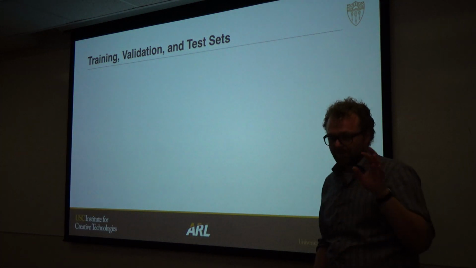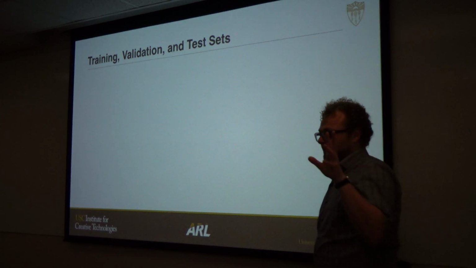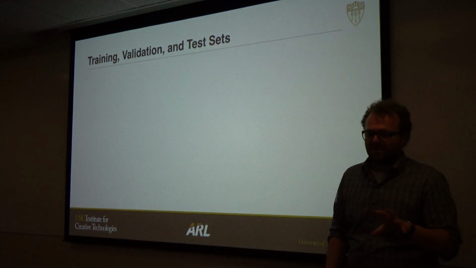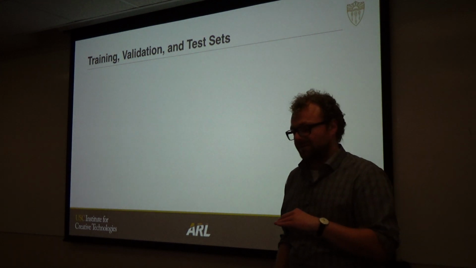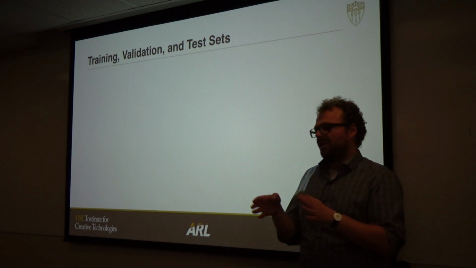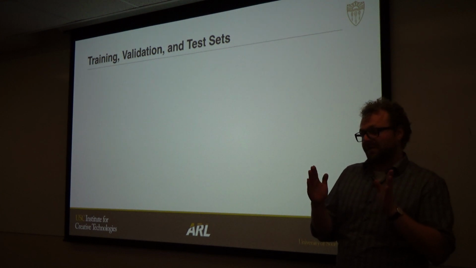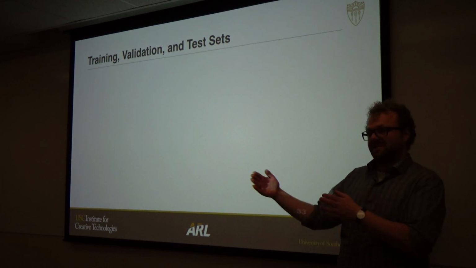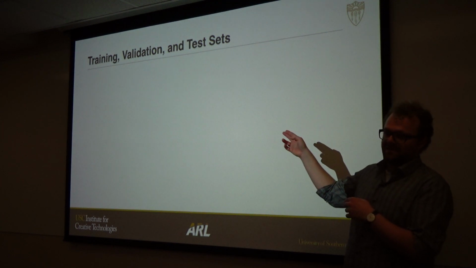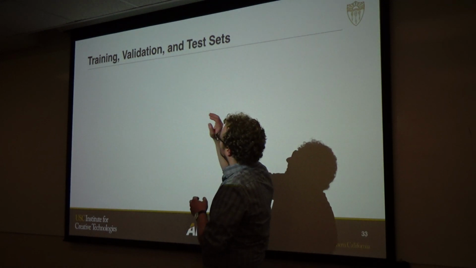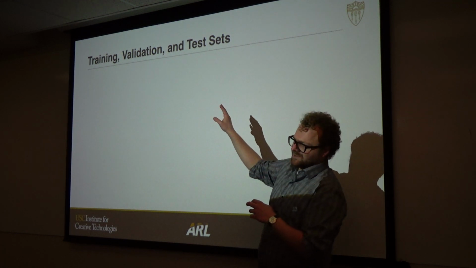In general, we can split it up into training, validation, and test, okay? In this case, these are not phases, but data sets. So we have a training set, a validation set, and a test set.